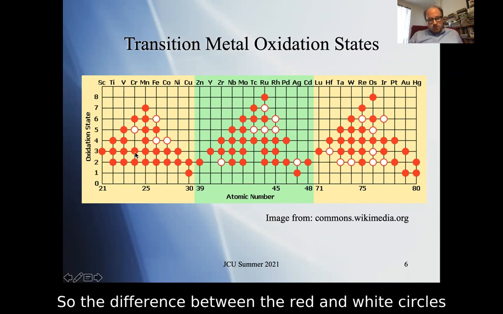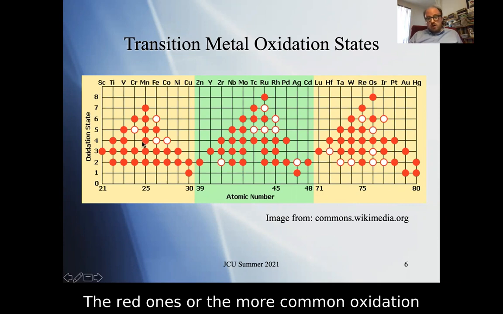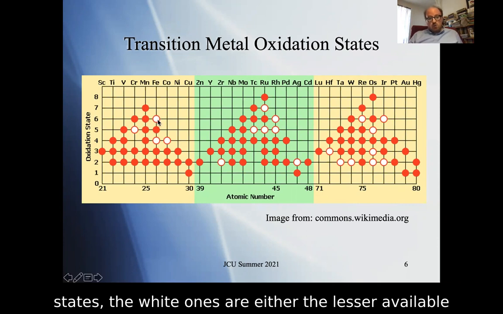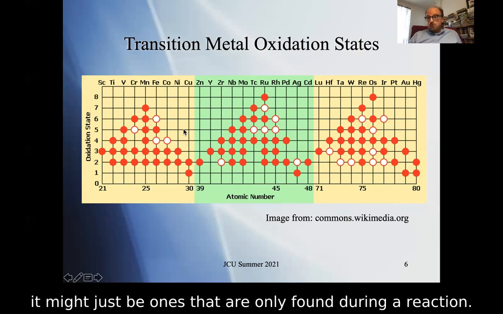There's a question. The difference between the red and white circles has to deal with basically relative existence. The red ones are the more common oxidation states. The white ones are either the lesser available oxidation states, or in some cases it might just be ones that are only found during a reaction.